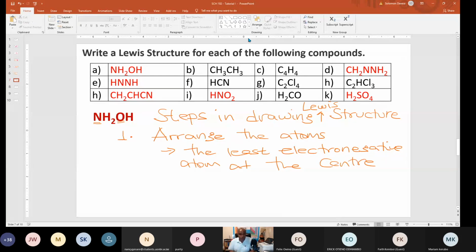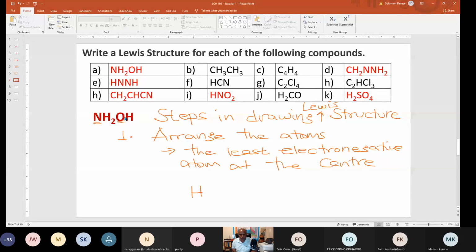Now when you try to draw the Lewis structure for NH2OH, in NH2OH we have 3 hydrogens, 1 nitrogen and 1 oxygen. We know the hydrogen should be outside, so the hydrogen cannot be at the center. And so we can put hydrogen here, for example.